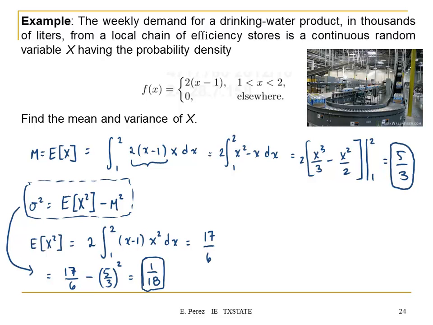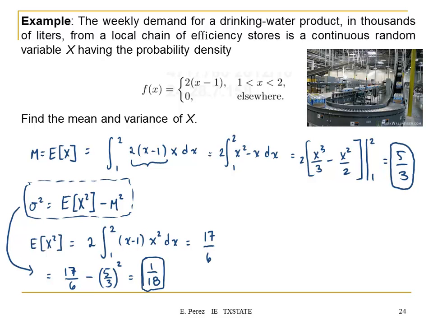Yes, but by definition, in order to get the expectation, you need to multiply the function f of x times x. The expectation is the summation, or the integration for continuous, of the function times x. You have to multiply no matter what. So for E of x, we multiply times x. For E of x squared, we multiply times x squared.